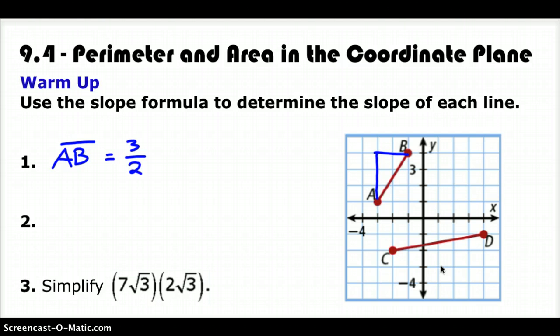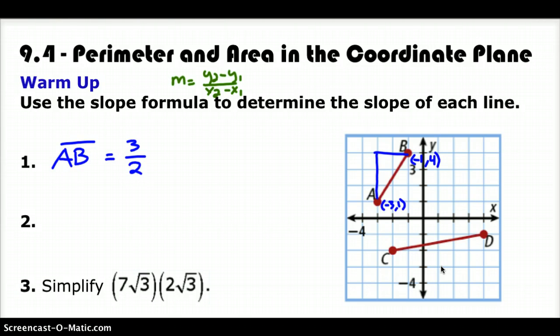Obviously, my other option here is to know that my ordered pair for A is (-3, 1), and for B, it is (-1, 4). And so I could also just use the slope formula, which is m equals y2 minus y1 over x2 minus x1.